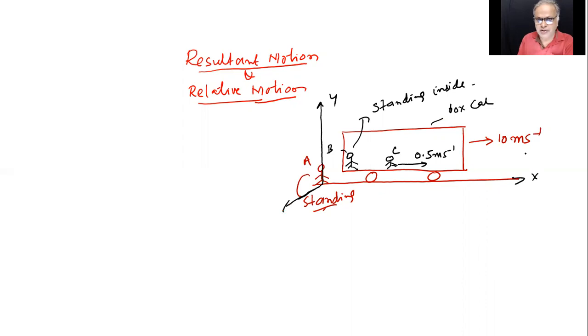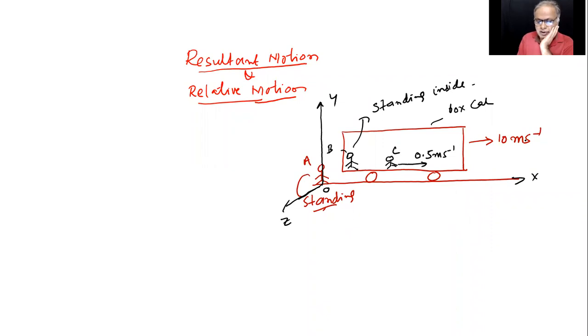Here ground is the rigid body, and this x, y, z is the coordinate system fixed to that body. So ground plus x, y, z coordinate system put together you can call a reference frame, and you stand at the origin of the reference frame and watch this car moving with 10 meters per second.